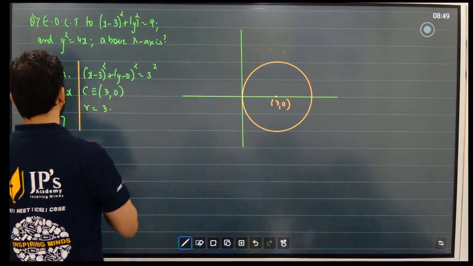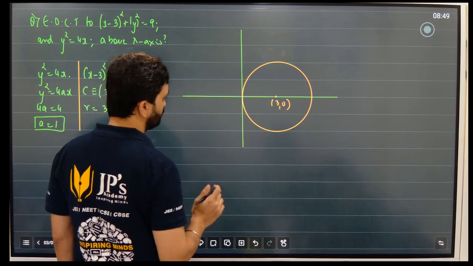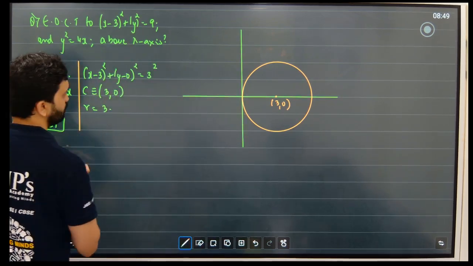And my parabola is also given, y square is equal to 4x. If I draw a parabola also, y square is equal to 4x, a is equal to 1.